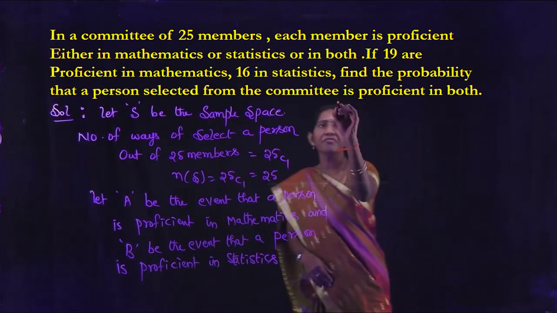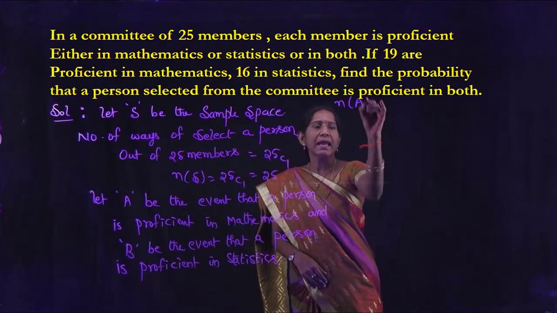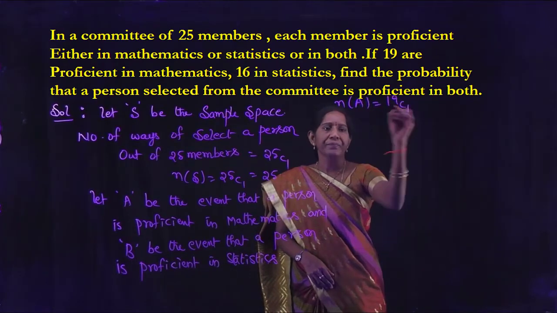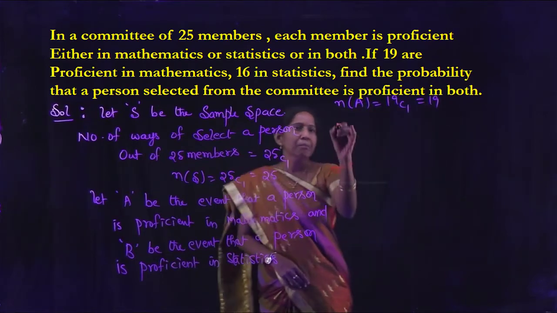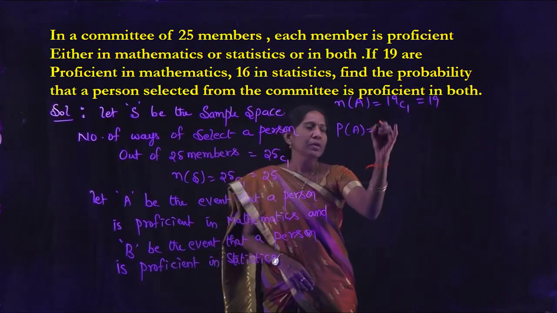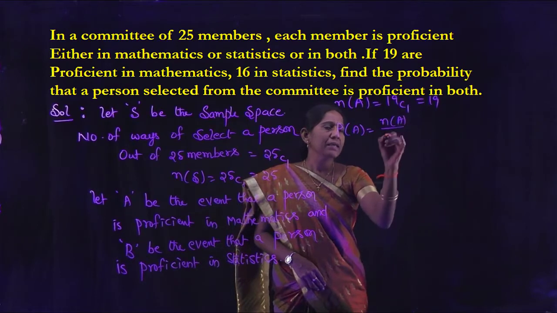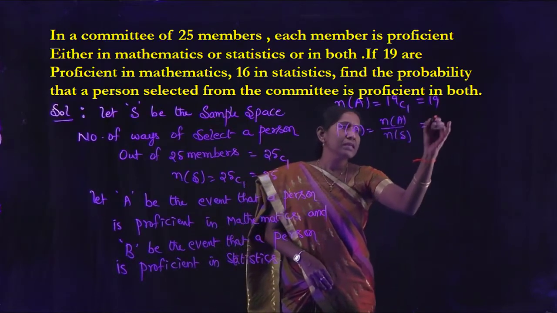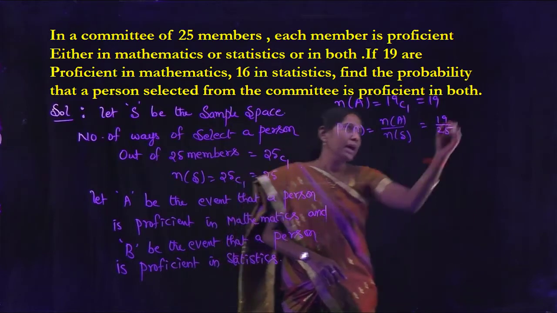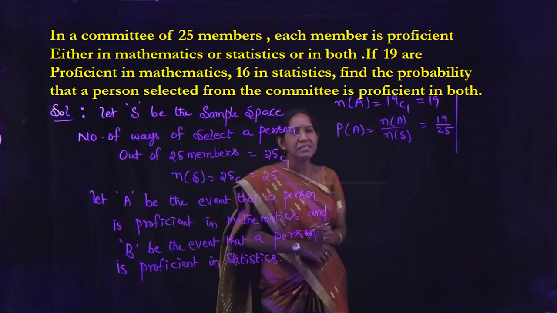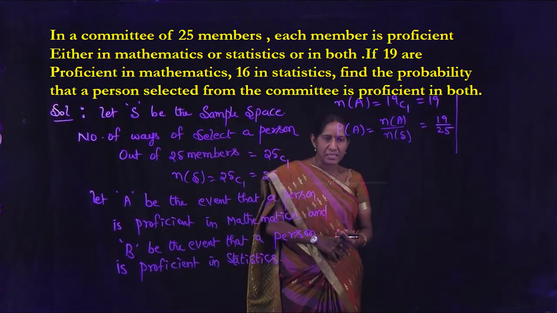So N of A is 19C1. That value is 19. Then P of A equal to N of A by N of S, that is equal to 19 by 25. And 16 are proficient in statistics.